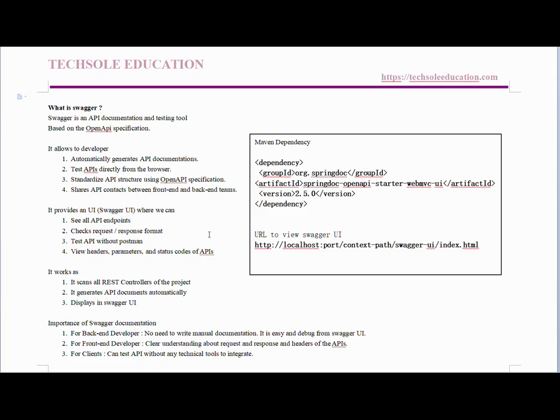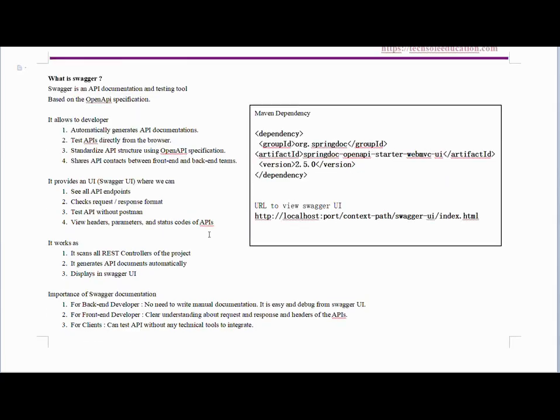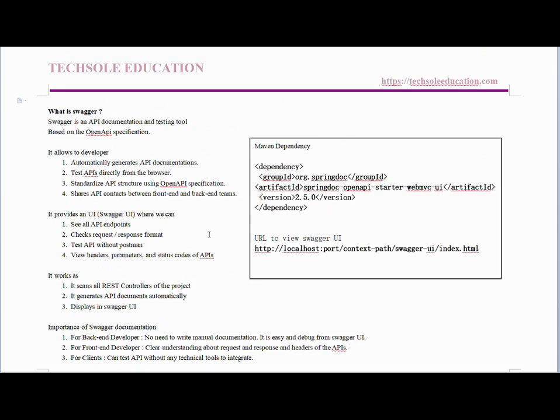It works as follows: it scans all the REST controllers in your project, meaning all the REST controllers you created, and then it generates API documents automatically and displays all controllers with their methods, request bodies, and responses as a testing tool.